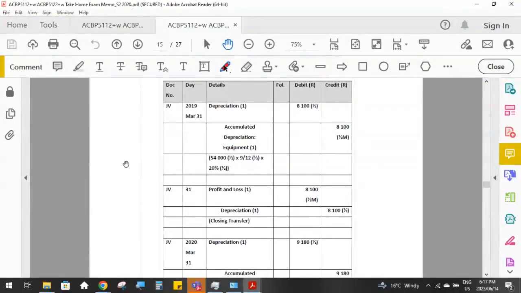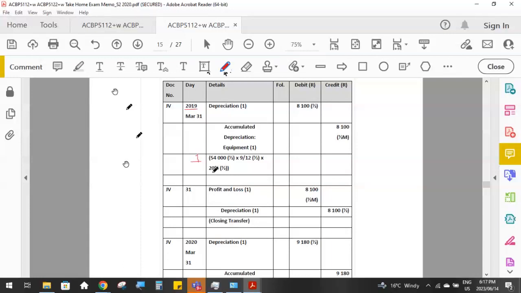So our calculation for year number 1, which was the year ending 2019, let's get that out. We have got 54,000. I would multiply it by the 20% first. 54,000 times 20%, which will give us 1 year's depreciation.